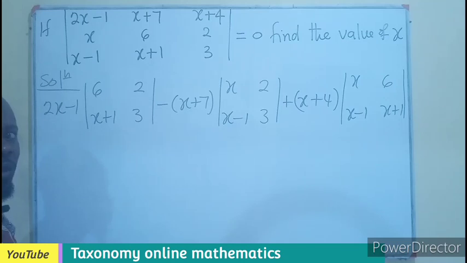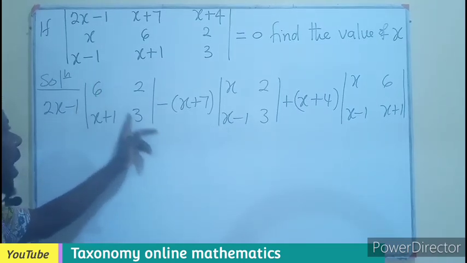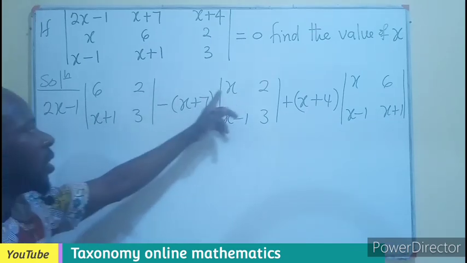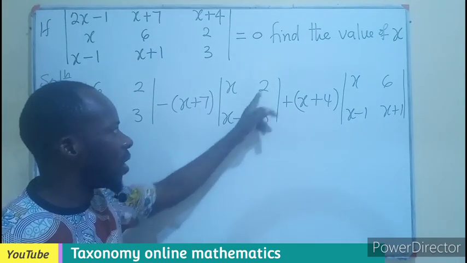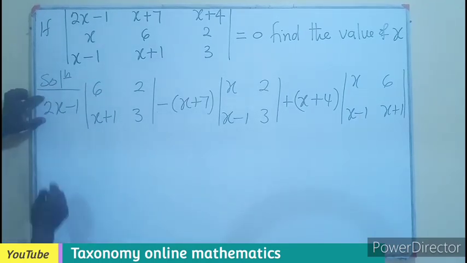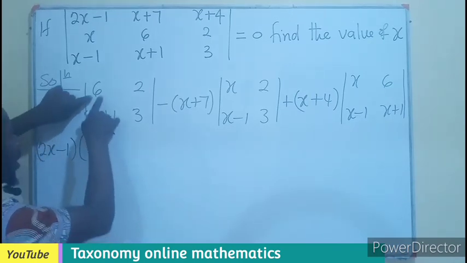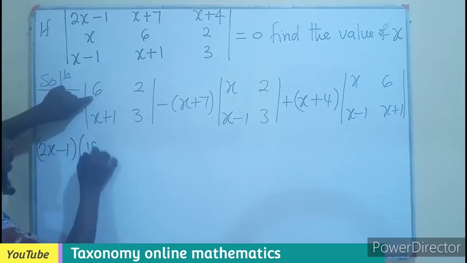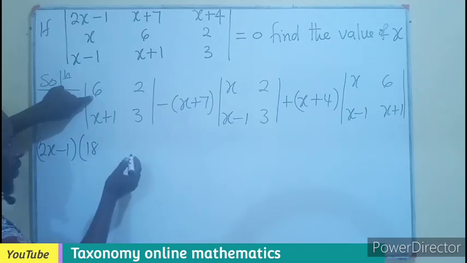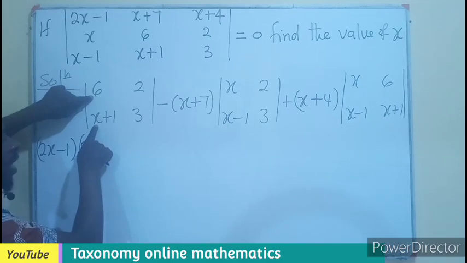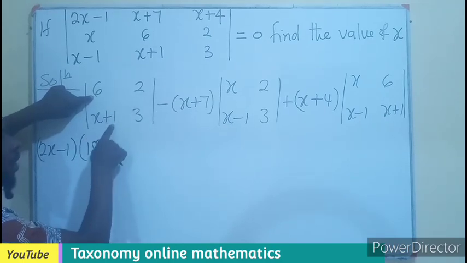Alright, what are we going to do now? We know it will be easy to find the determinant of a 2 by 2 matrix. Multiply the leading diagonal minus the other diagonal. So still holding my 2x minus 1, then multiplying the leading diagonal will be 18 minus the other diagonal. Don't forget, it will be 2 times x plus 2 times 1.